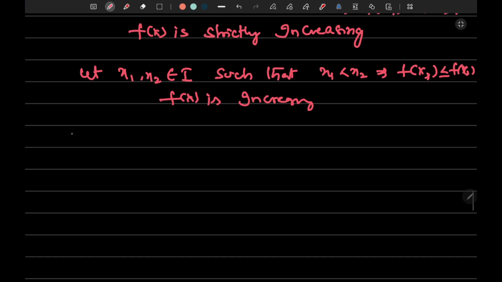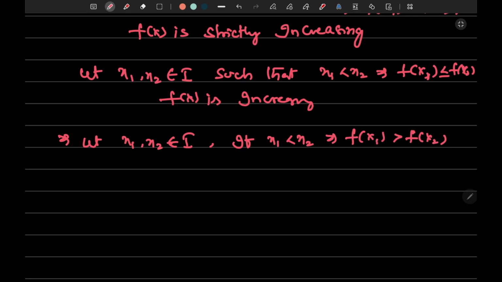Okay. Third point. Let x1, x2 be two elements in the interval I, if x1 is less than x2, that implies f of x1 is greater than f of x2, then f of x is strictly decreasing.